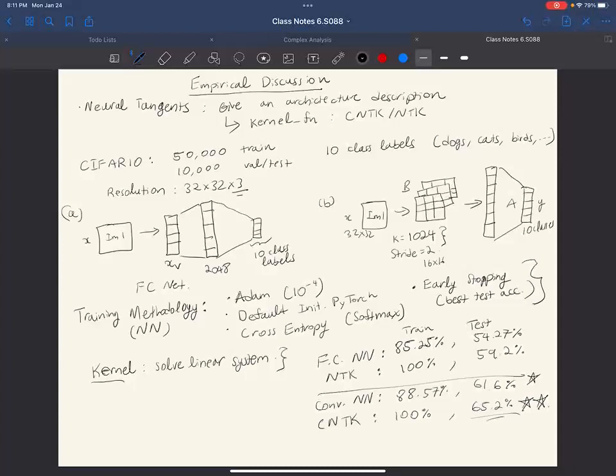And I want to say that 65.2%, although it's cool for this comparison, is really far off from what the best convolutional networks do for image classification on CIFAR-10. But the cool part is that this is a very strong kernel method on this task. If we just wanted to establish a strong baseline, and we were trying to come up with a custom neural network architecture, that might be hard to do.